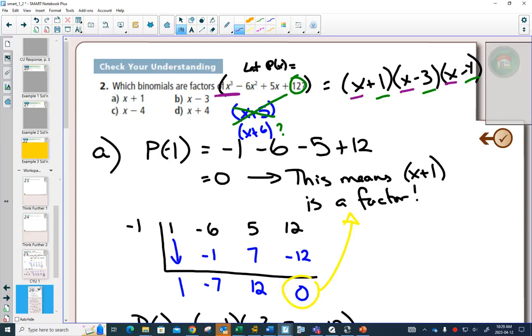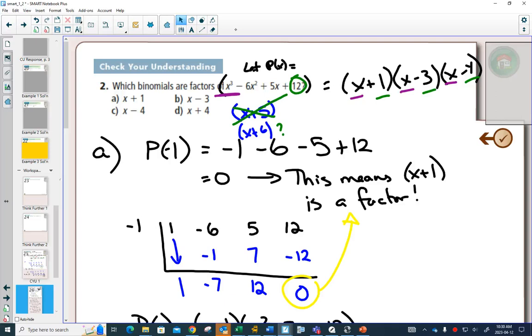And in this situation, the fact that the last one is 12, it gives you a limited amount of choices. Can you see that you could get 12 with a 1 and a 12? A 2, a 1, and a 6. So if you look at 12, and you look at all the possible things that divide 12, those will be the possible things that will work when you factor.